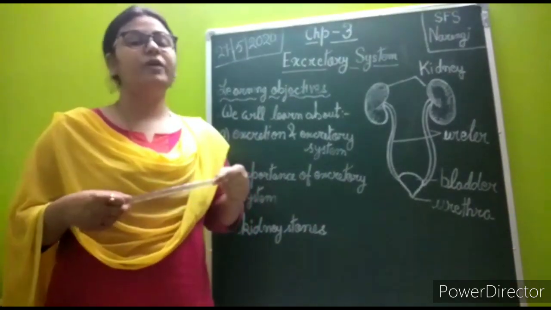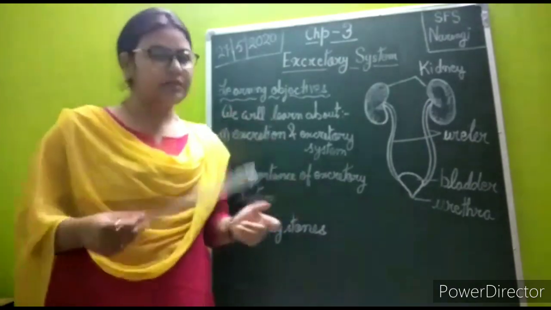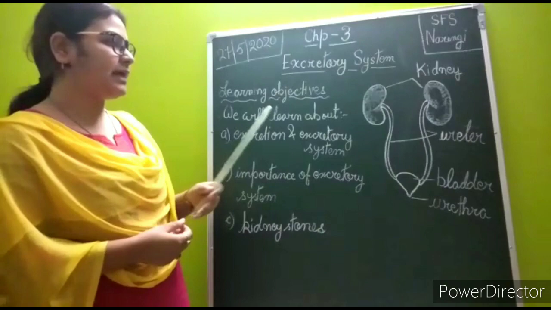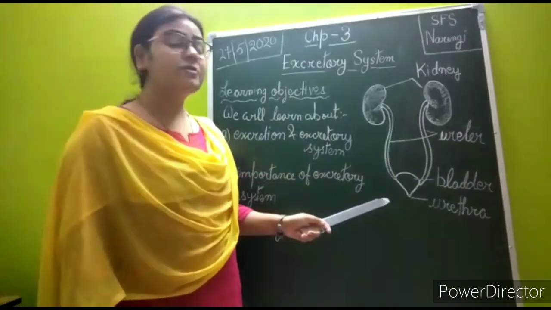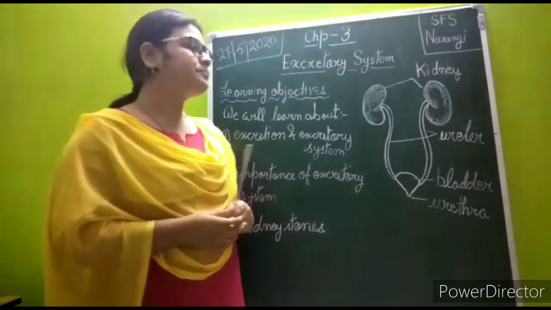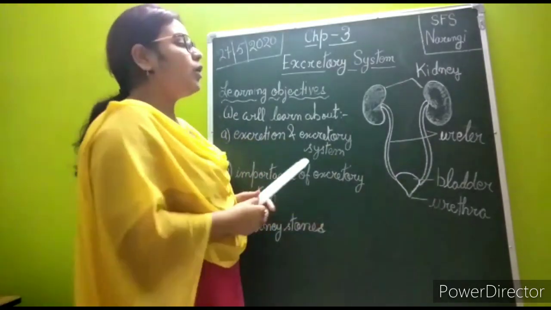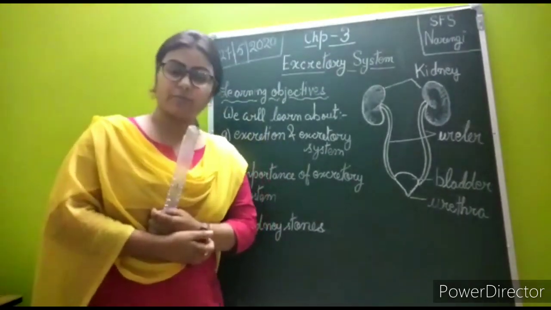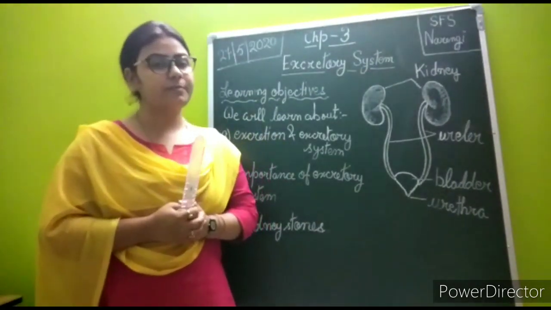Now, before we go into the details of all this, let us first see how our excretory system looks like. This is the structure of our excretory system. Okay. So, in our last chapter, that was digestive system. Where did we end in digestive system?